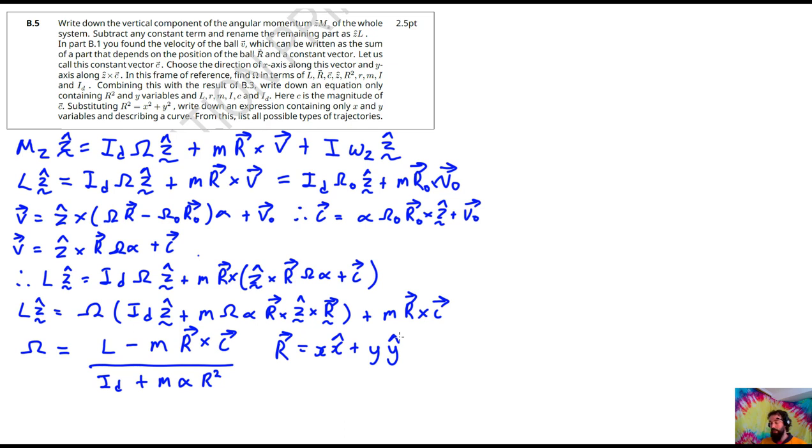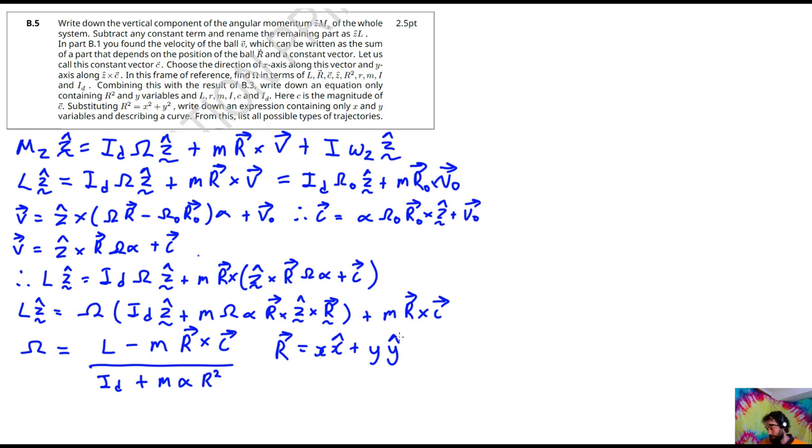Now, if C is directly in line with the x direction, then when we take the cross product with R, then the x component's going to go away because they're not orthogonal, they're directly in line. So that means we're just going to get that y component, and then what we're going to have is the y component of R crossed with x component of C. And when you take y cross x, or y direction cross x direction, you get minus z. So that's going to give us a minus sign here.